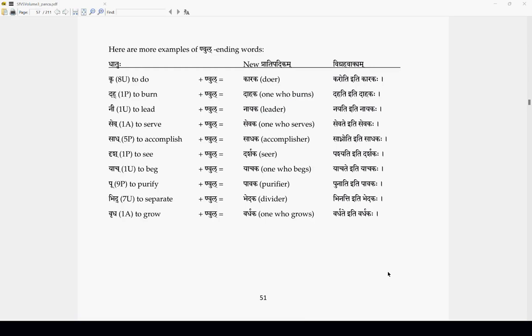Okay. Sadha. Then vaha, like daha, vahaka, one who carries. Vahati iti vahaka. Then we have chinta, chintaka, chintayati iti chintakaha, one who thinks.